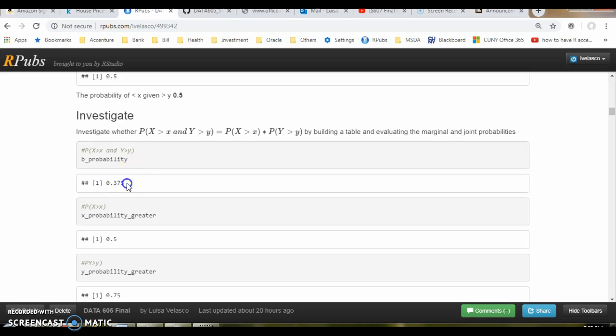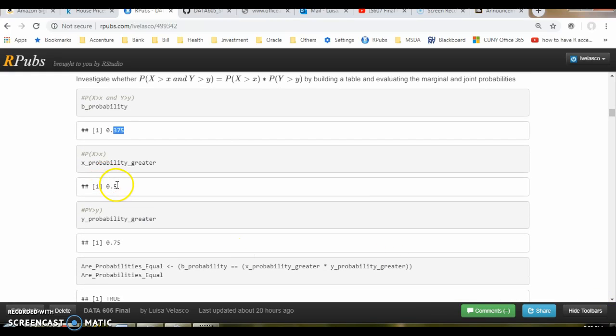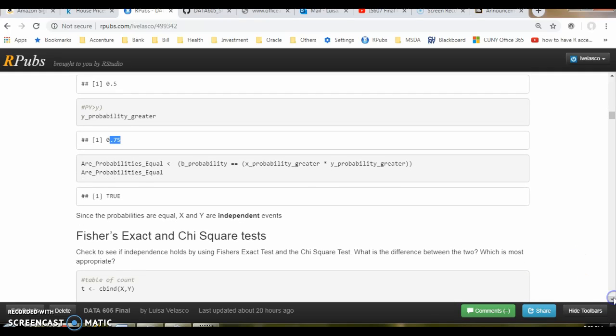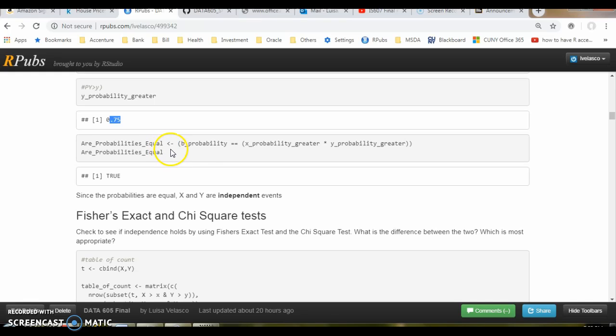From the above computation, we have the probability of x and y, which is 0.275, and then the single probability of x being 0.5, and the single probability of y greater than the first quantile being 0.75. If we use the formula, we find that these probabilities are equal, which gives us independent events: x and y are independent events.